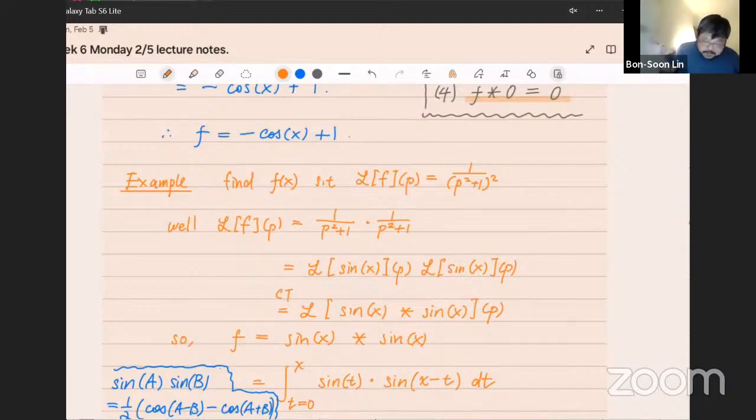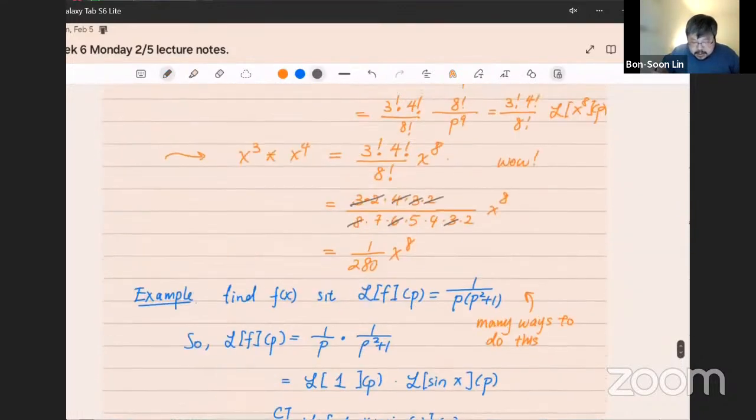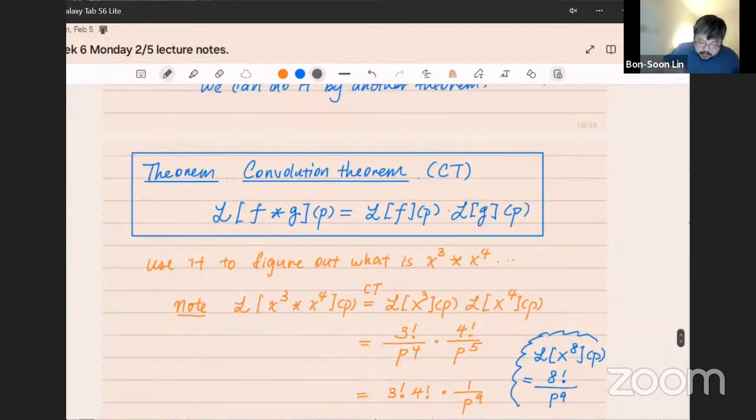So very lastly, just one last point I want to make. Let's prove the convolution theorem very quickly. Again, the convolution theorem is integrals, right? Inside here, there's an integral. The Laplace transform is another integral. So here we're going to have a double integral.